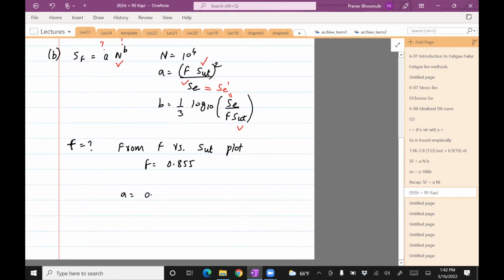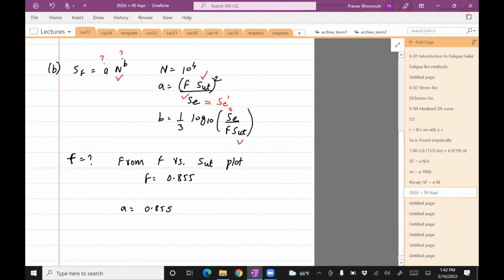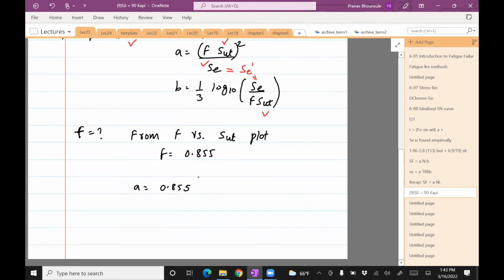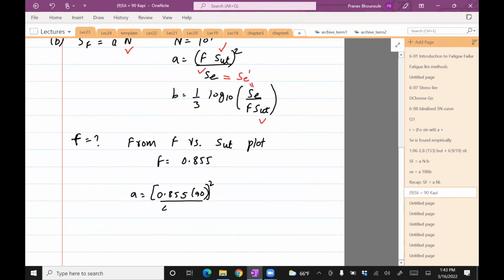A is 0.855, SUT is 90. So this thing should be squared divided by SE, which is SE prime, which is 45.